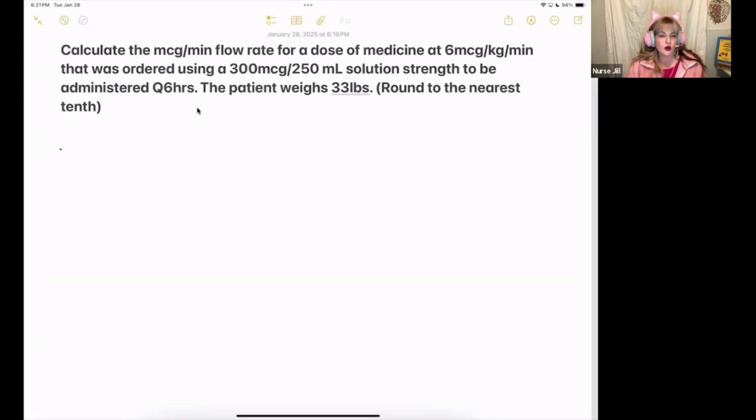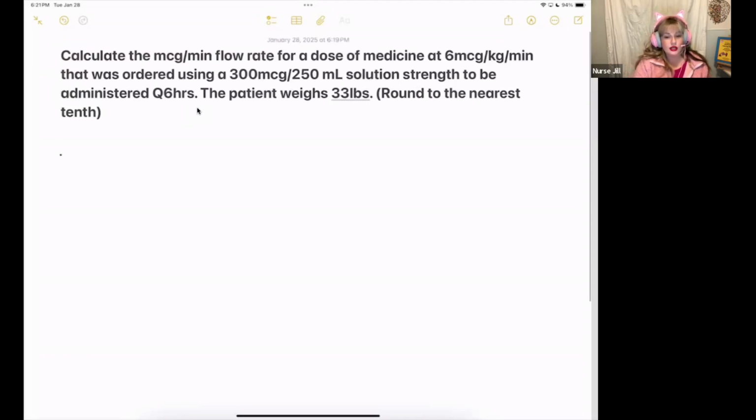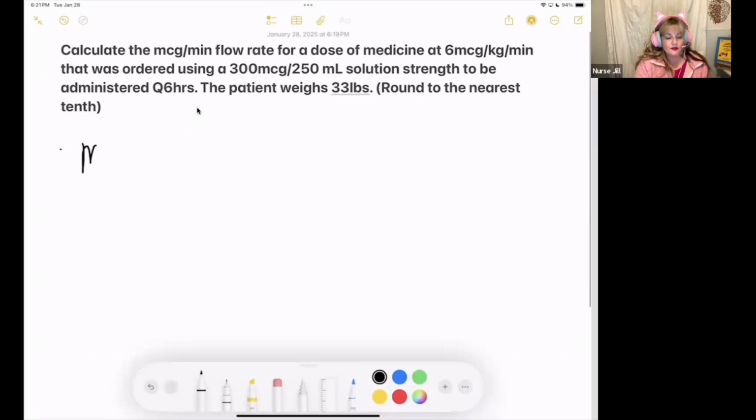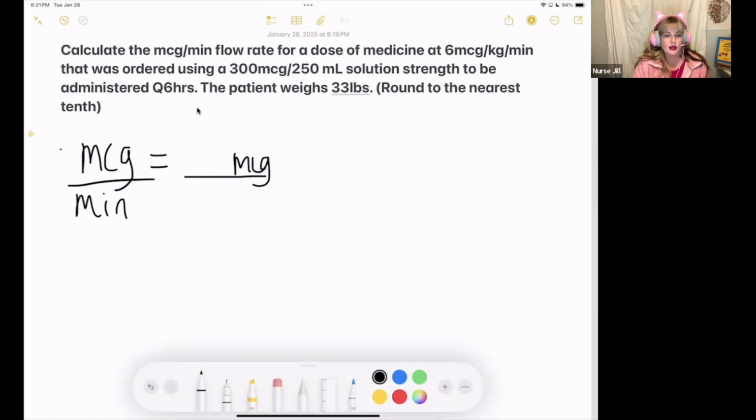And we go through the pattern of matching the first numerator to the left of the equal sign to the first numerator label to the right of the equal sign. So I'm going to put this micrograms over minute equals because that is what we're actually looking for.